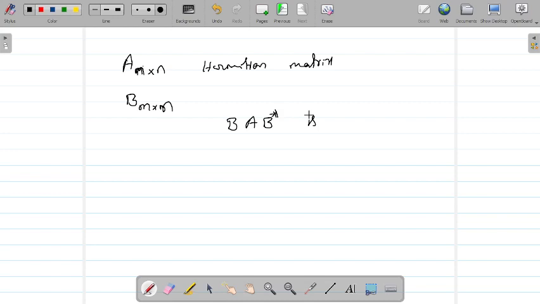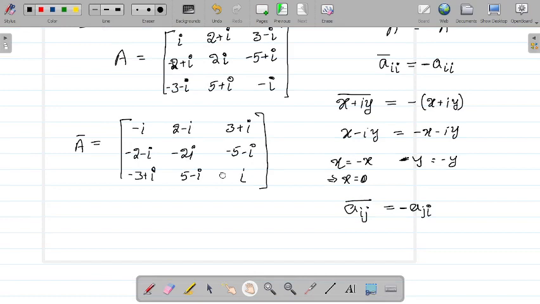Can you see that it is a skew-Hermitian matrix? If you have doubt, let's check it. First let me take its conjugate. The conjugate of this matrix is minus i, 2 minus i, 3 plus i, minus 2 minus i, minus 2i, minus 5 minus i, minus 3 plus i, 5 minus i, and i. Now let me take the transpose, that is A star, which is A conjugate whole transpose.